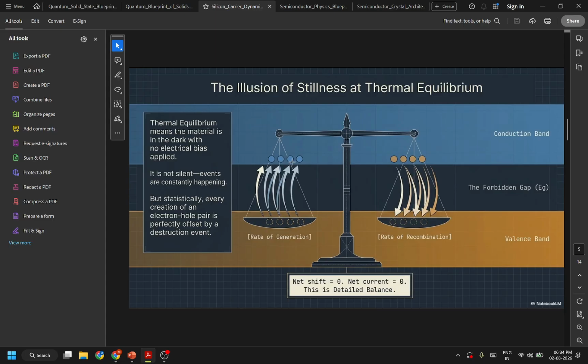There is constant generation of electrons in the conduction band from the valence band, and constant recombination, that is, electrons from the conduction band falling back to the valence band, but they happen at the same rate, hence the statistics are not changing. So the net shift is zero, net current is zero.